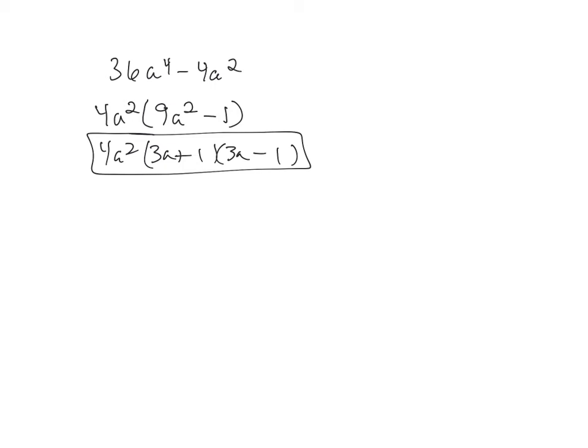Okay, so let's look at kind of a weird one. So some of the graph ones, remember, ignore the graph and just look at the equation that's underneath the graph. We're going to talk about graphing when we get to chapter 8.